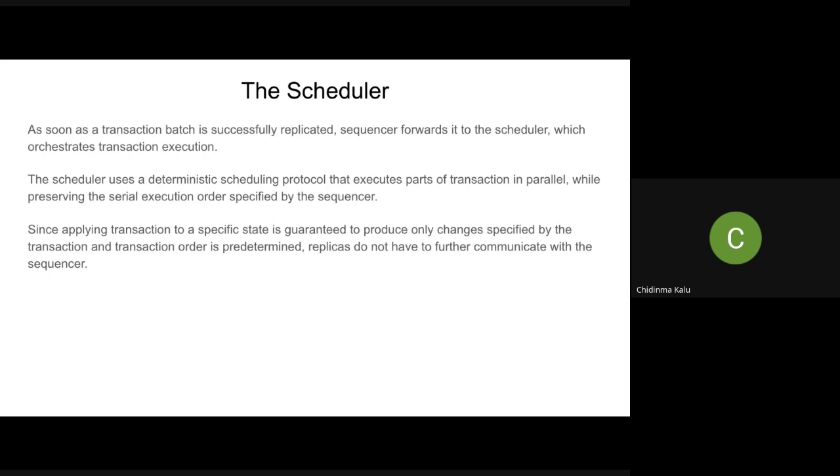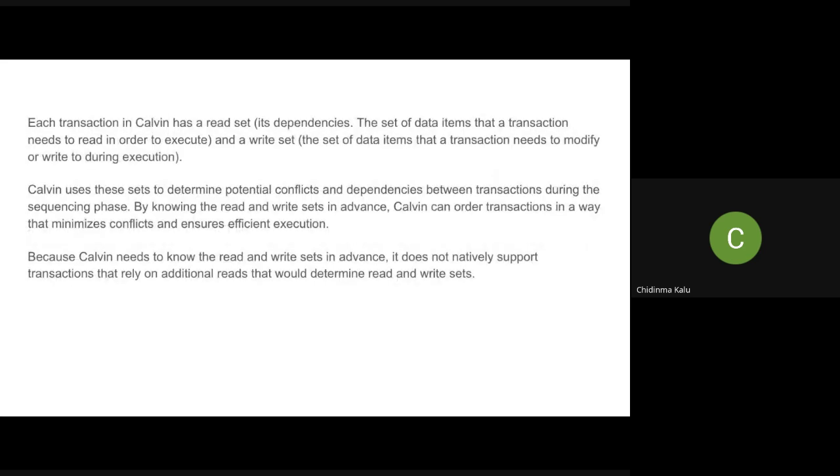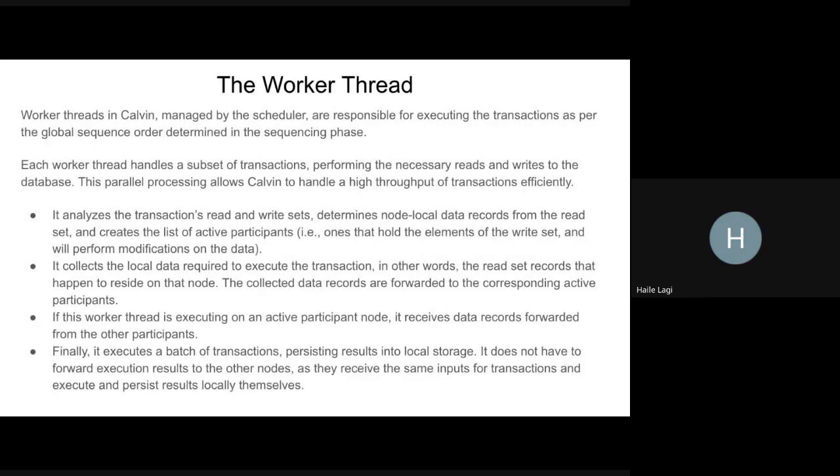The scheduler executes the transactions in parallel, and it gets the execution order from the sequencer, because the sequencer is responsible for setting the order using Paxos, right? But I don't know if that answers your question or you need to ask more. No, that makes sense. Just go on. Thank you.